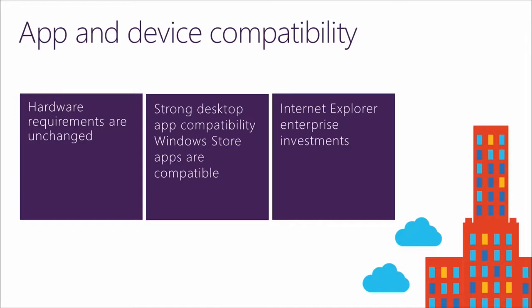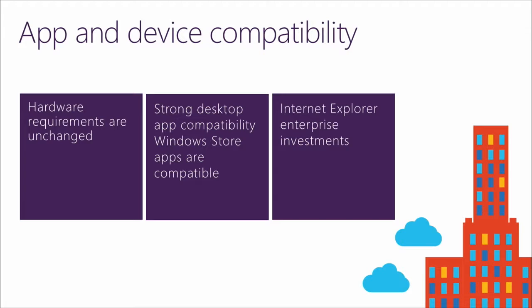Also, when we talk about app and device compatibility, because that's typically when you do your assessment and your discovery, you discover all the apps and everything else. The hardware requirements are unchanged. So if you've got machines that are running Windows 7, Windows 8, Windows 8.1, no problem. The hardware requirements have not changed one bit from those versions to Windows 10.